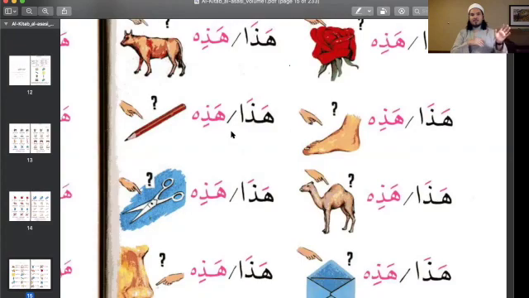There are some things you'll be able to recognize later as feminine because they follow some rules. But if you don't know whether it's masculine or feminine, you would just use the masculine.